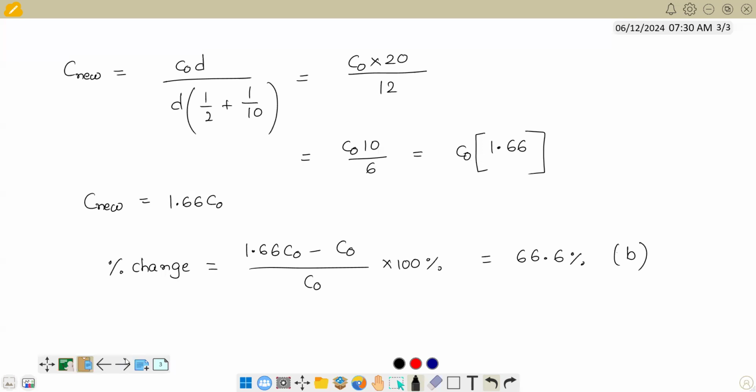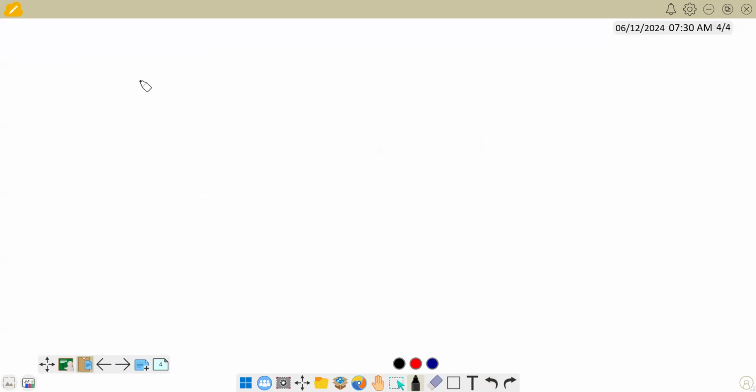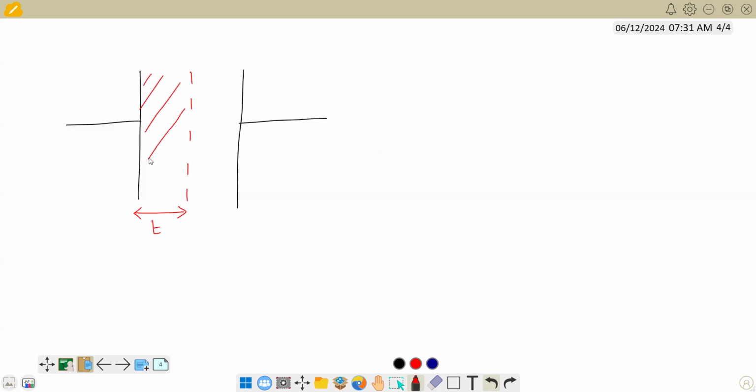Now, if you need the derivation of this formula, I will quickly derive this. Suppose, imagine we have capacitor plates and till a thickness t, we have placed a dielectric of dielectric constant K, and the area of the plate is A. So originally we can write C naught equals, without any dielectric, epsilon naught A by d.